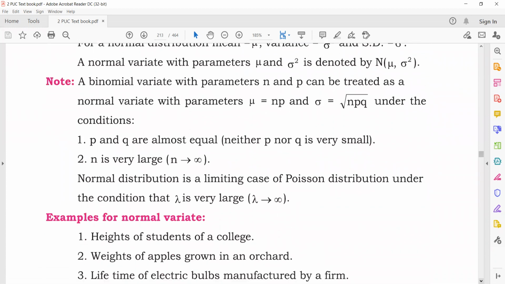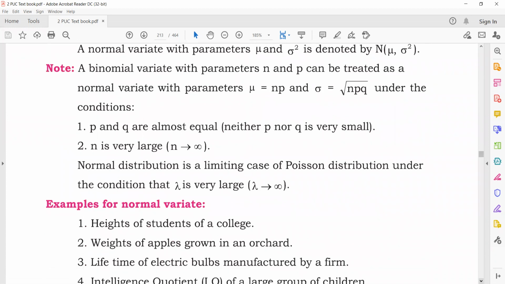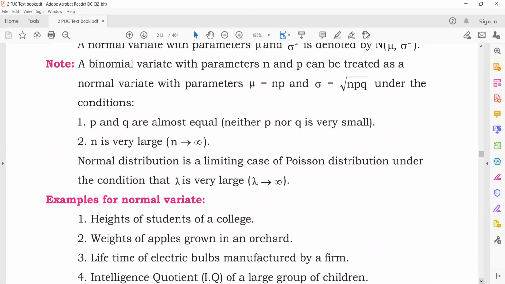Now, while explaining, I said even if you have a discrete variable, like number of defectives or number of accidents, which are actually binomial and Poisson respectively, we can assume that to be normal, and that is theoretically proved. If you have a binomial distribution with parameters n and p, under certain conditions it becomes normal.